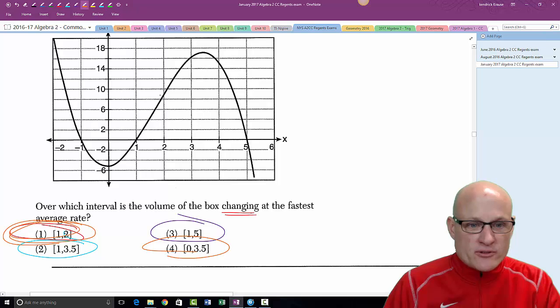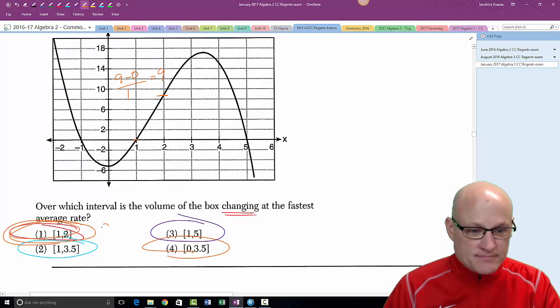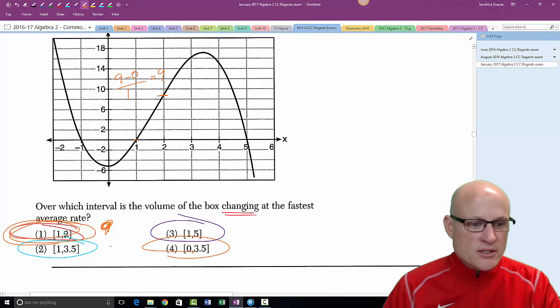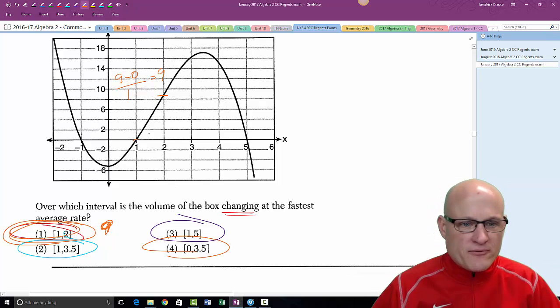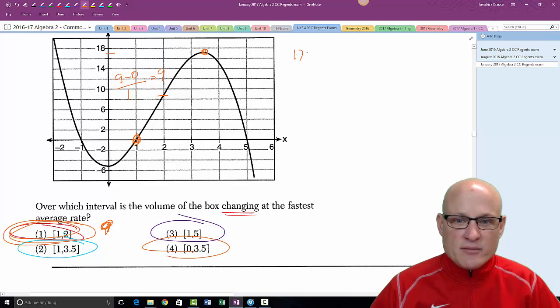So this goes 9 to 0, so 9 minus 0 over 1, which is 9. If I did 1 to 3.5, from here to here, well, this is 17. So 17 minus 0 over 3.5.